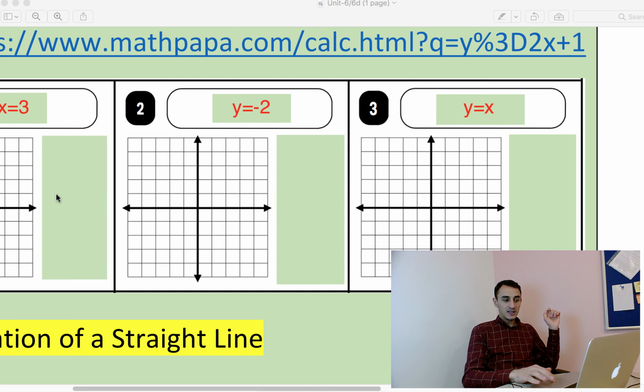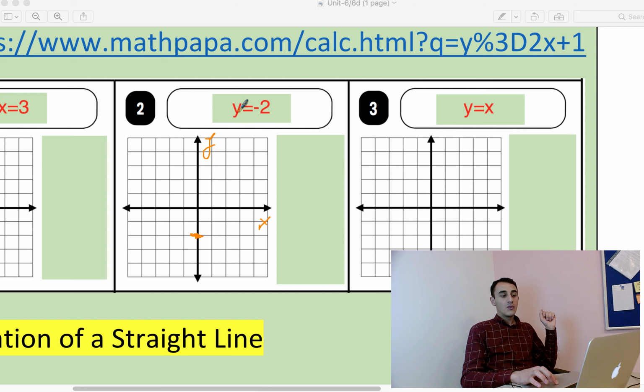So with the same idea as before, we should first find where negative 2 is on the y-axis, right? So this is the y-axis, and this is the x-axis, right? So negative 2 needs to be here.